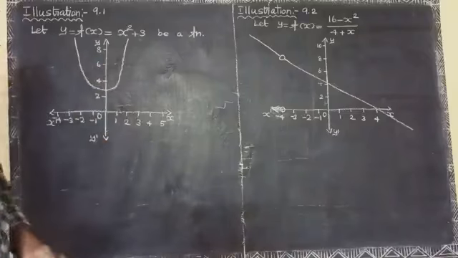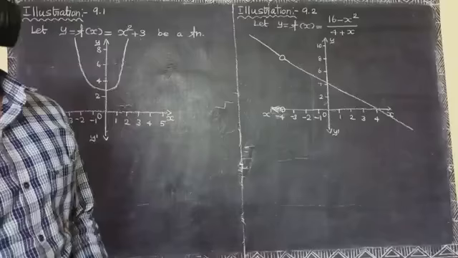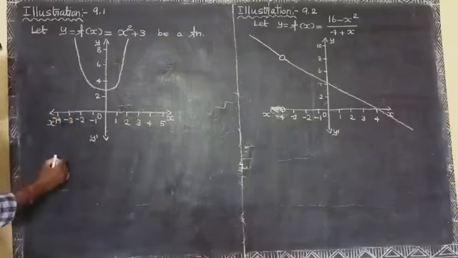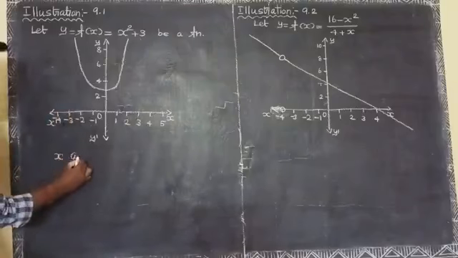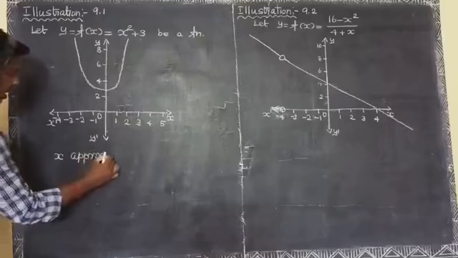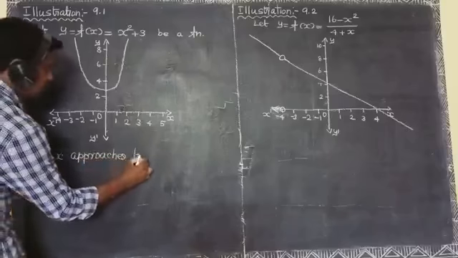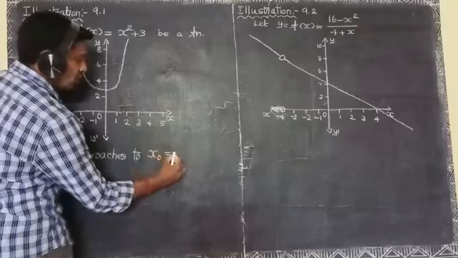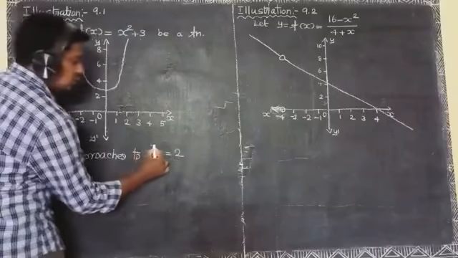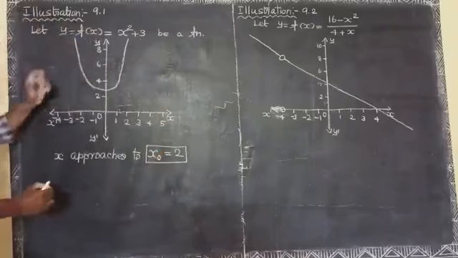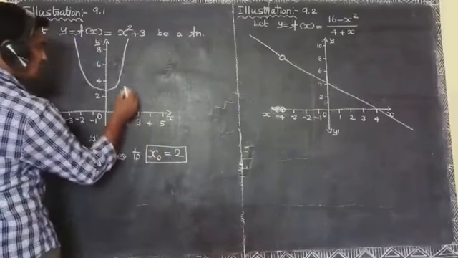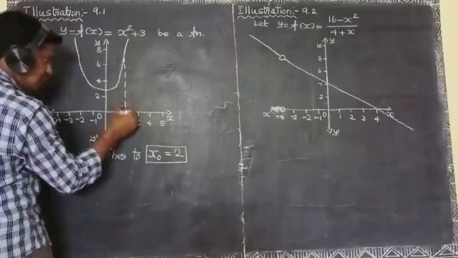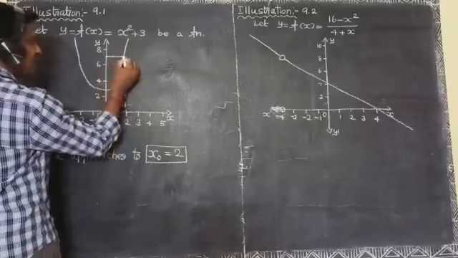Now consider a point where x approaches x naught. The x naught is now considered to be 2. Substituting x equal to 2, the value of y, that is f of x, is 7.